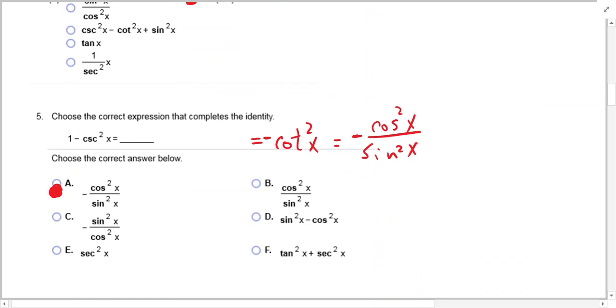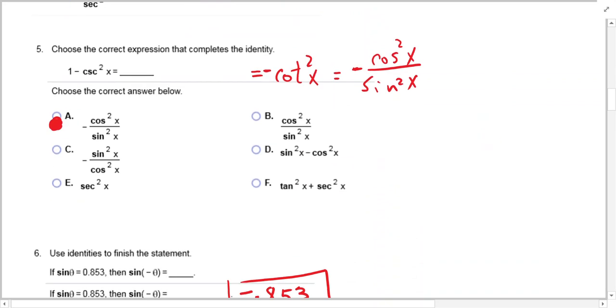Number 5. 1 minus cosecant squared x equals negative cotan squared x. Go a little further and you get negative cosine squared x over sine squared x. Again, have your sheet of identities. That will help you initially.